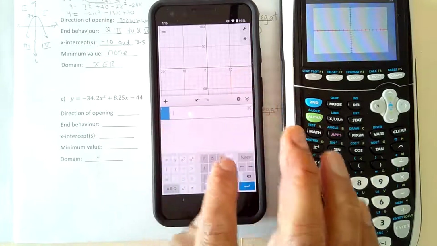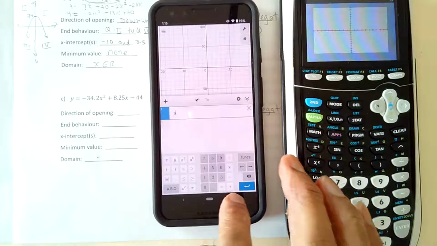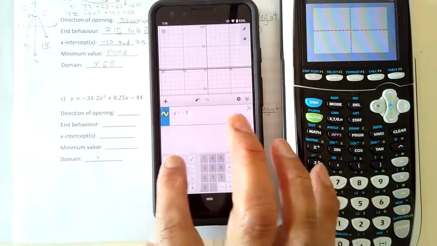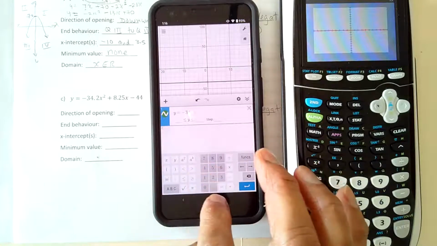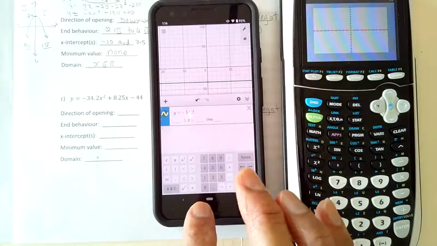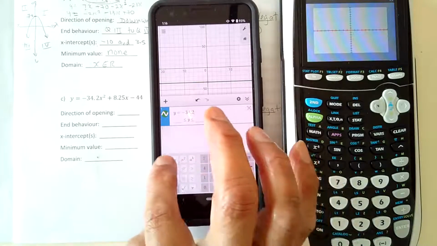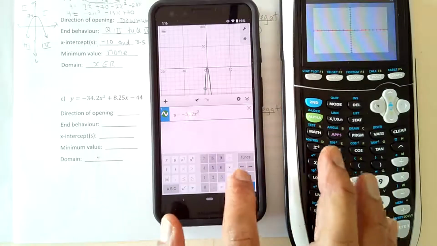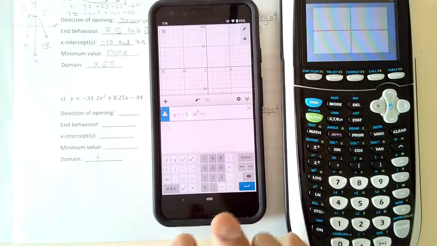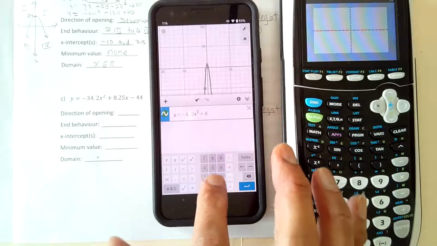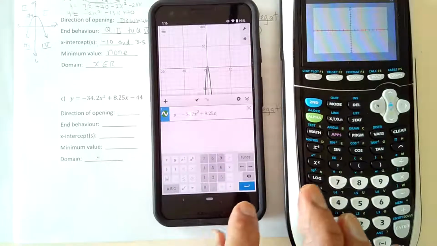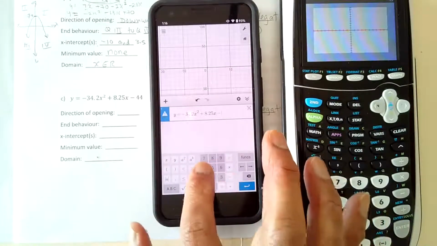Compare them. So we have y equals negative 34.2 x, and that's your square button, plus 8.25 x minus 44.